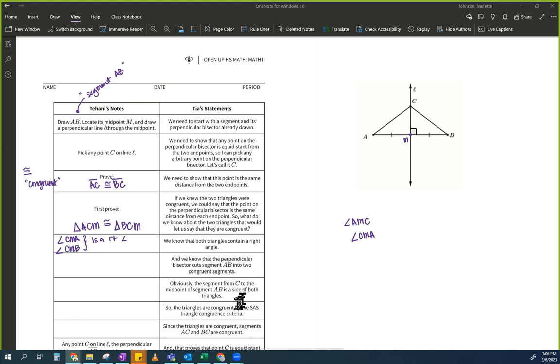Okay, this one says, and we know that the perpendicular bisector cuts segment AB into two congruent segments. How would I write this in shorthand here? Who is congruent according to what that says?